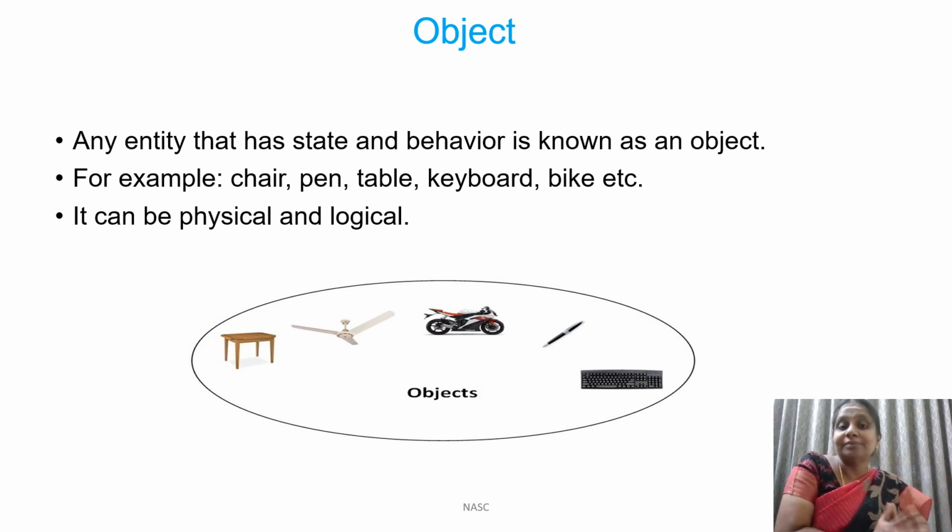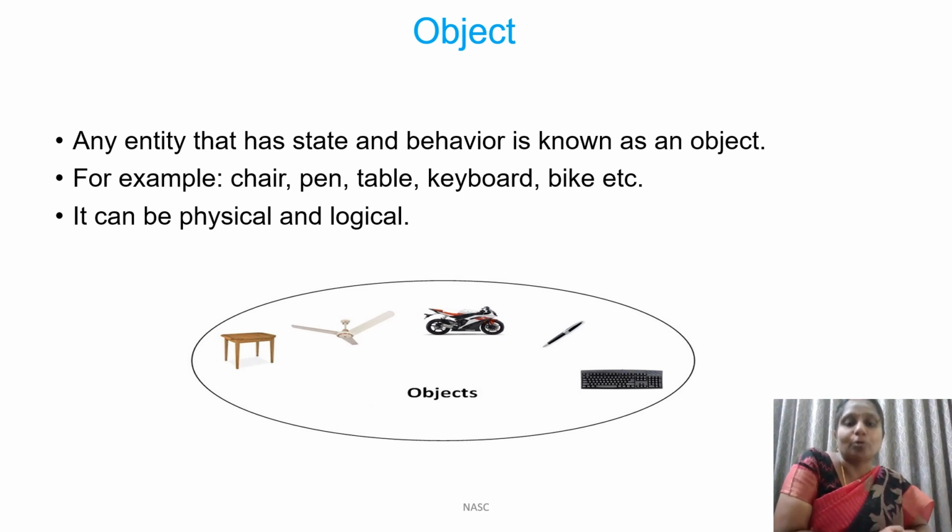We can term it as an object. For example, table is an object. Of course, table has a purpose. Table has properties like size, color, the brand, the material used, etc.